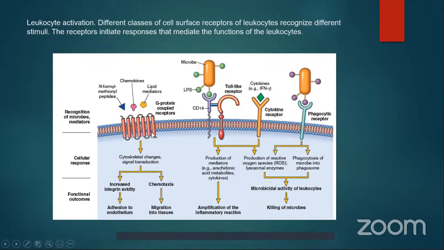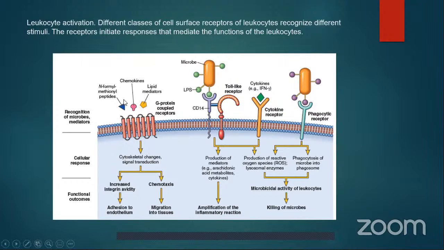Once the microbes are recognized and bound to this, it will cause cytoskeletal changes and signal transduction, which will increase the integrin avidity. Remember the vascular events, and thus it will increase the adhesion of the leukocytes to the endothelium. Apart from this, it also causes chemotaxis. Thus, it will enhance the movement of the leukocyte towards the tissues, that is migration into the tissues.